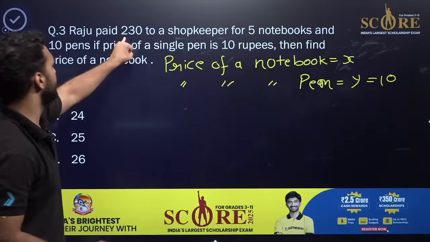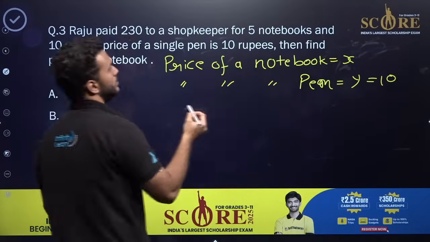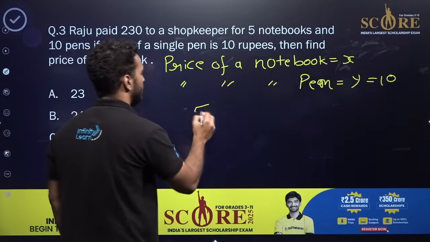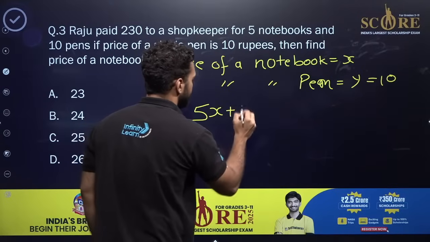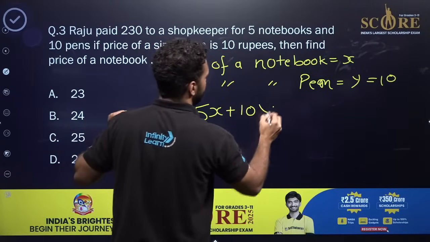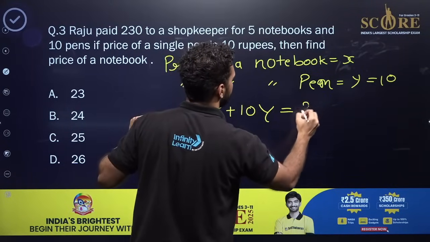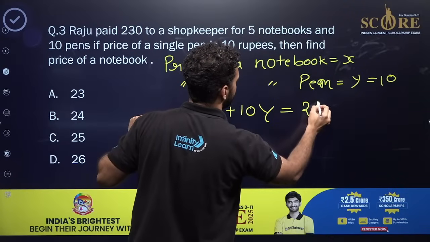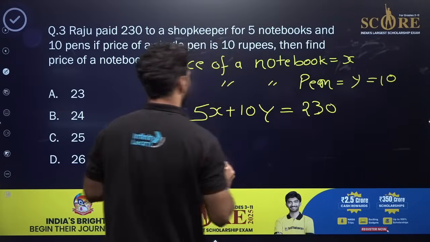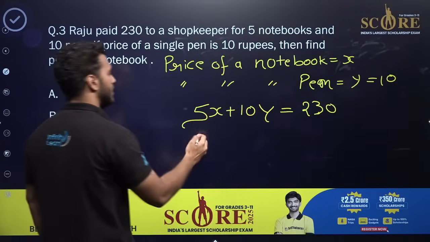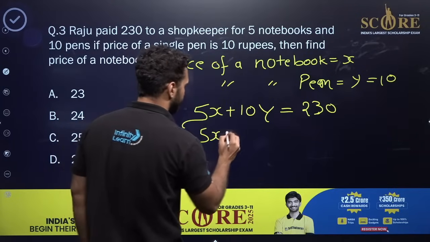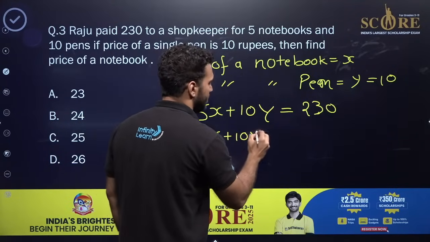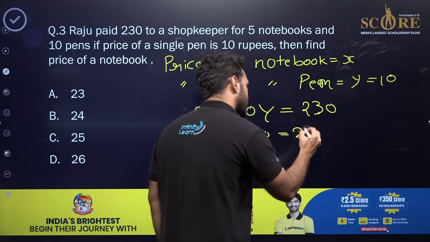Now he paid 230 for what? 5 notebooks, it means 5x plus 10 pens means 10y is equal to 230. We know the value of y, put the value of y. 5x plus 10 into 10 is equal to 230.